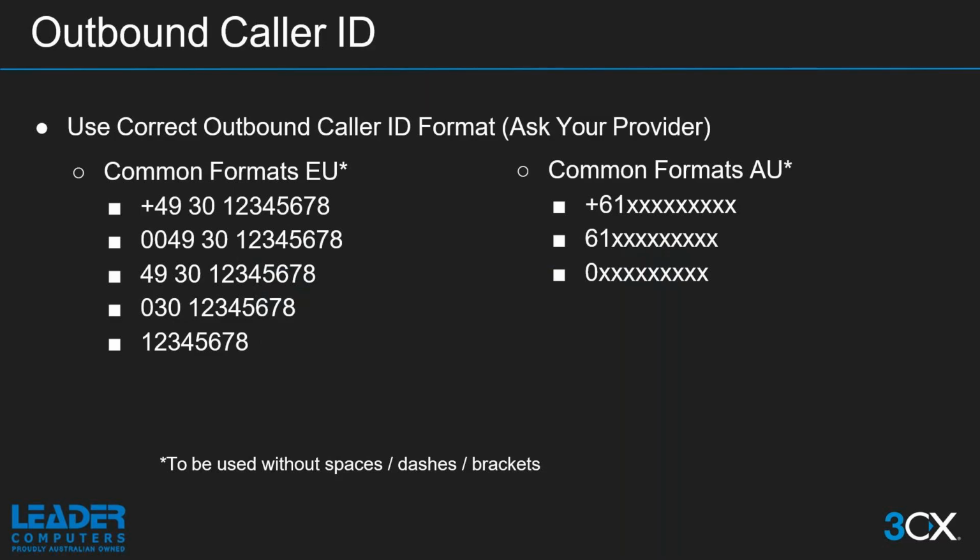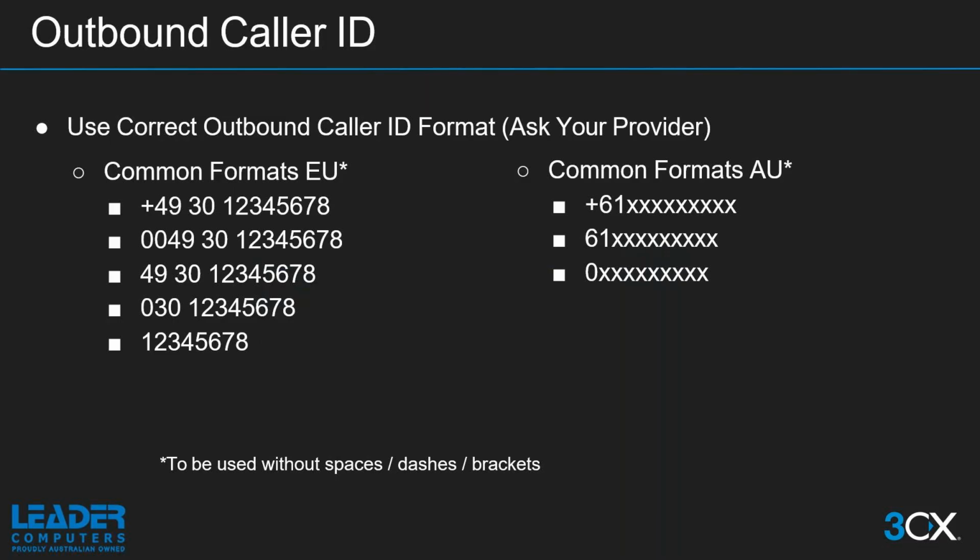Let's say your provider likes the number to be in 61 format and you send the number as +61, the call sometimes may get rejected, seeing that as not a valid format. So always confirm with the provider which format they use, and enter the number in the outbound caller ID in that particular format.